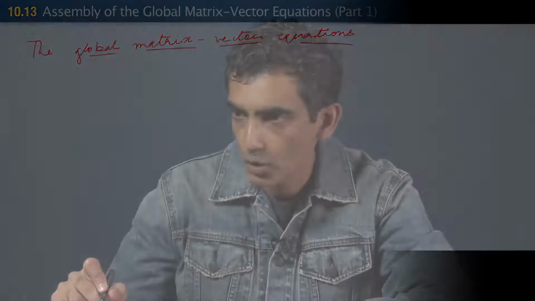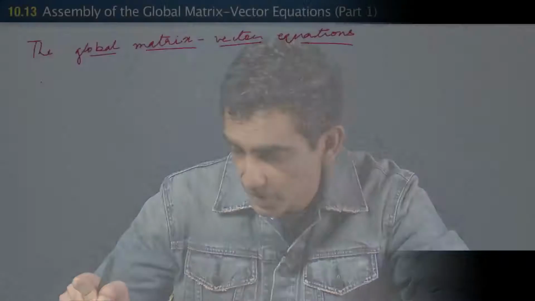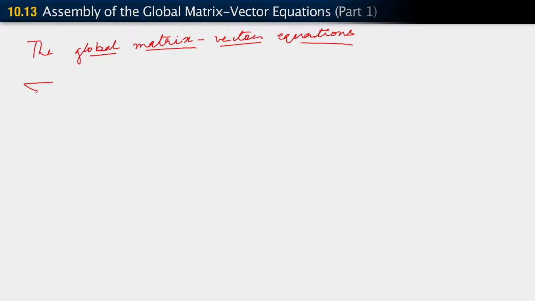And in order to do this, what I'm going to do is just write in the first line here the actually the final matrix vector weak form, but retaining explicitly the sum over elements, and then we'll work ahead from there. Okay, so this is an equation we developed toward the end of the last segment.